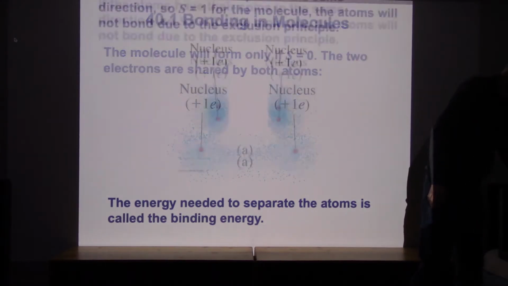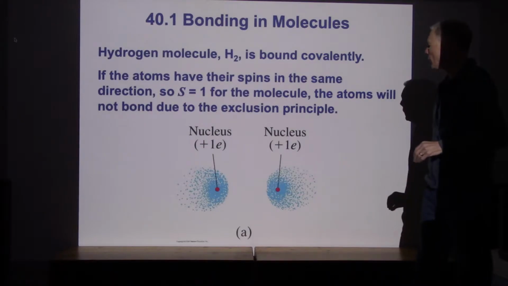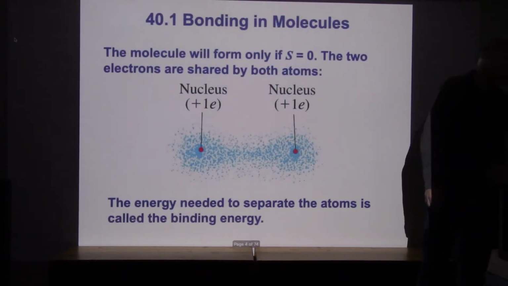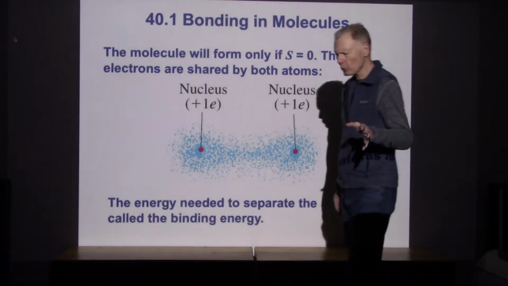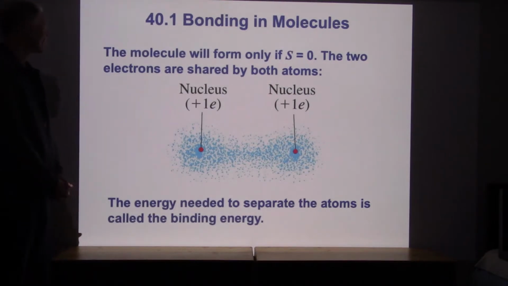And then there's a way that the wave functions cancel each other out in the middle. So this is referred to as anti-bonding, and this is referred to as bonding. And spin turns out to be a separate issue.